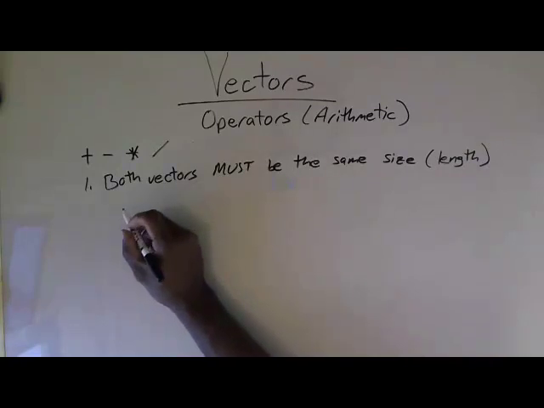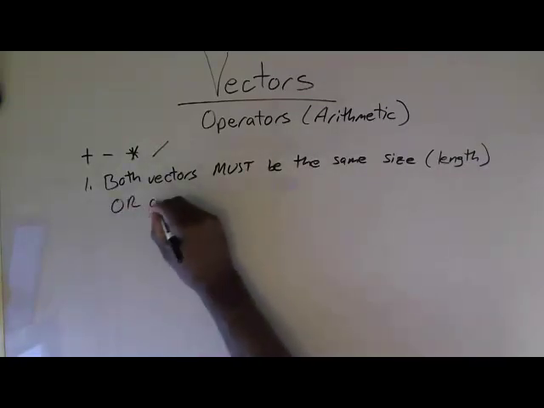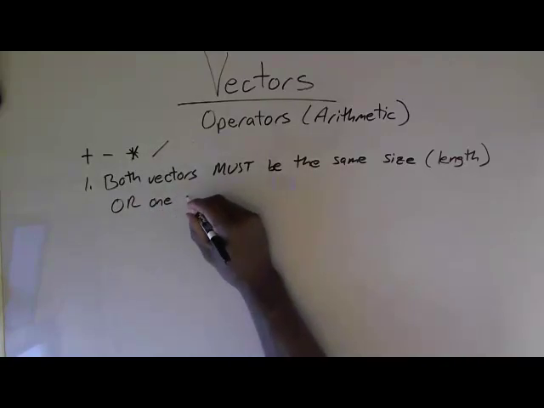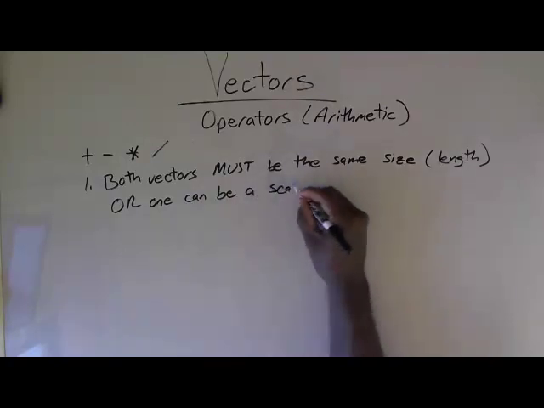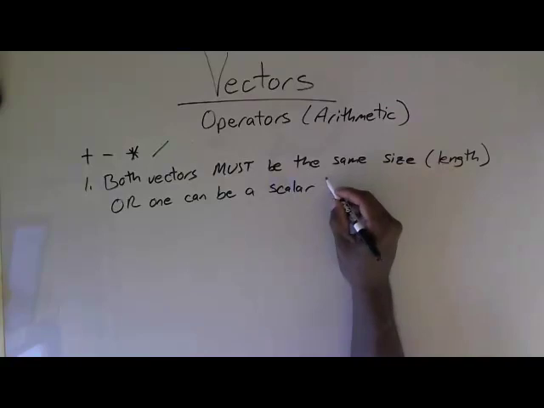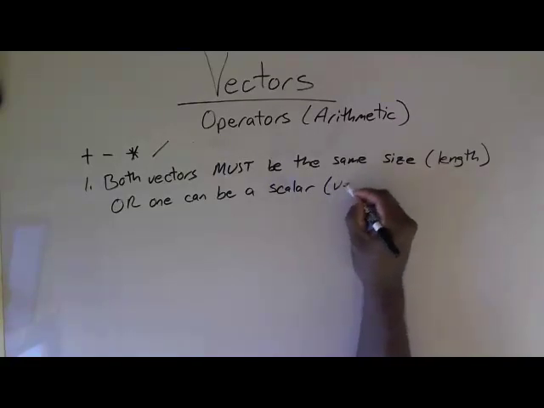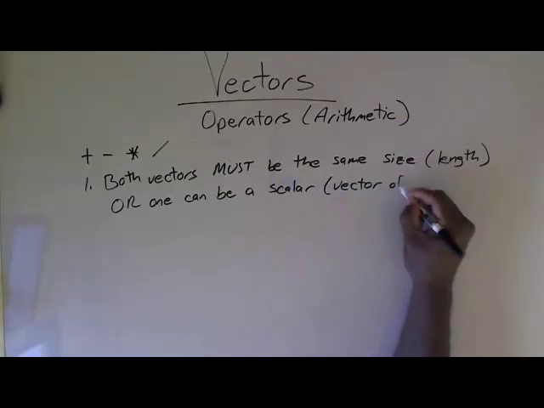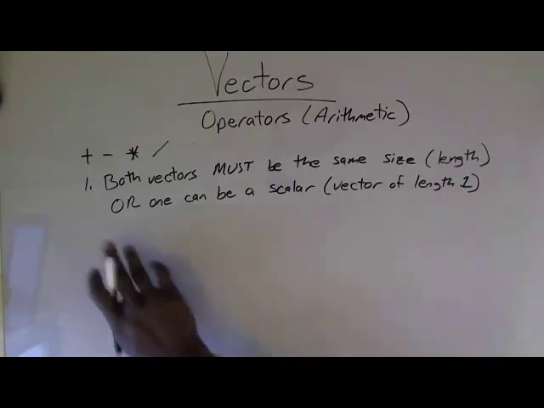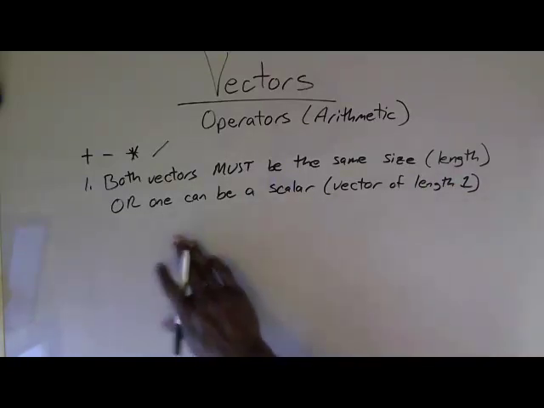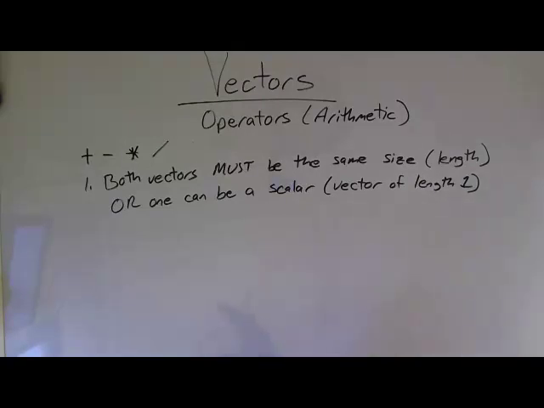Most vectors must be the same length, or one can be a scalar, which we've talked about before, which is nothing more than a vector of length 1. So the primary rule when you're adding, subtracting, multiplying, or dividing vectors is that both vectors must be the same size or length, or one can be a scalar, which means a vector of length 1. We'll see that come up over and over again.